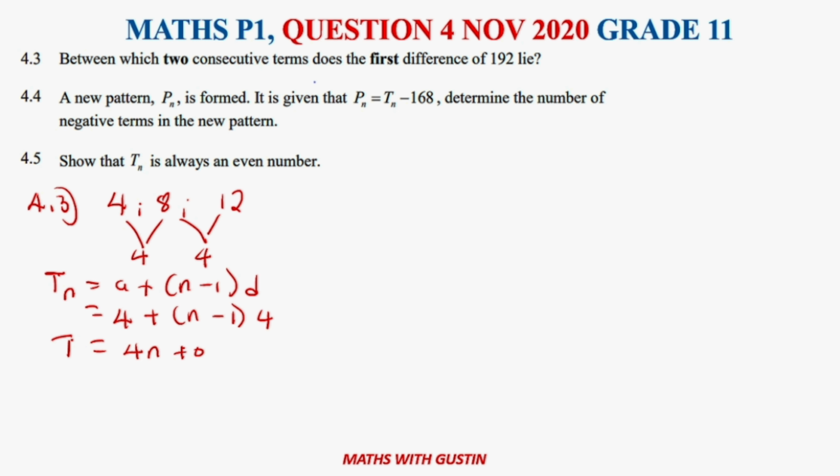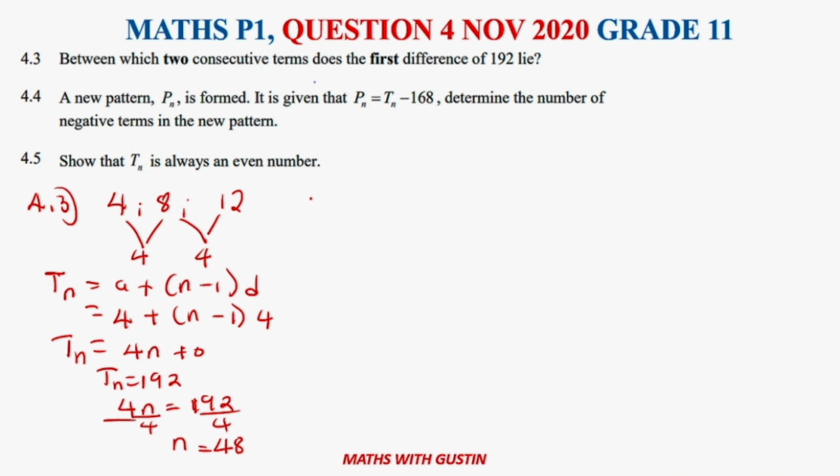Okay, so this is our equation here. So you want the one that lies between then, and you already know that Tn is given by 192. All right, so you're gonna come here, said 4n, it should be therefore equals to 192 divided by 4. N is therefore equal to 48.